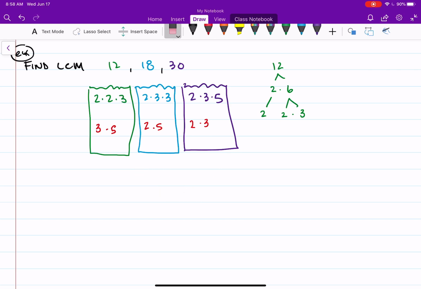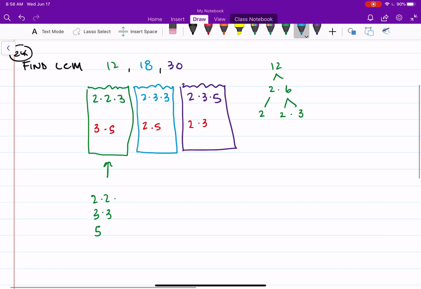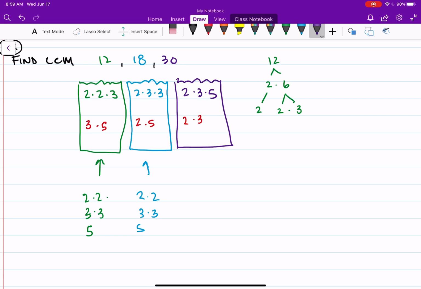Now if you look at each bag individually, this bag has two 2s, two 3s, and a 5. The blue bag has two 2s, two 3s, and a 5. And the purple bag has two 2s, two 3s, and a 5. So all 3 bags now have the same thing.